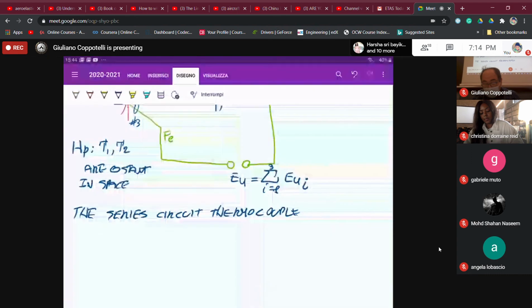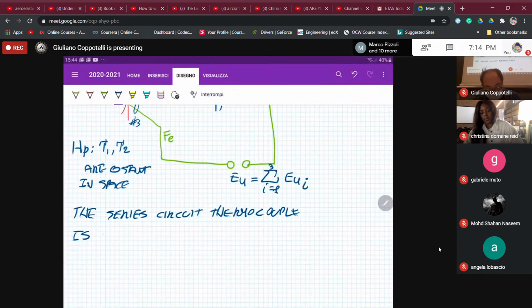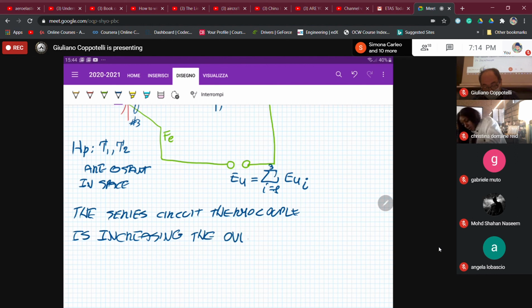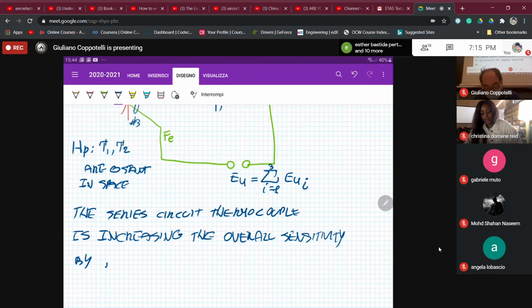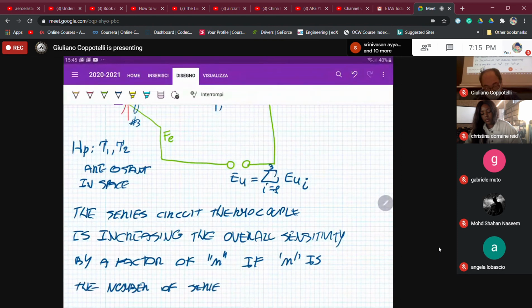Okay, so the serial circuit thermocouple is increasing the overall sensitivity by a factor of n, if n is the number of serial thermocouples.